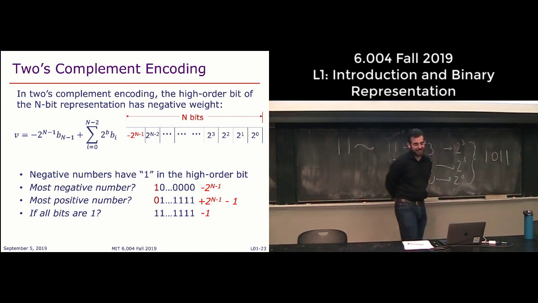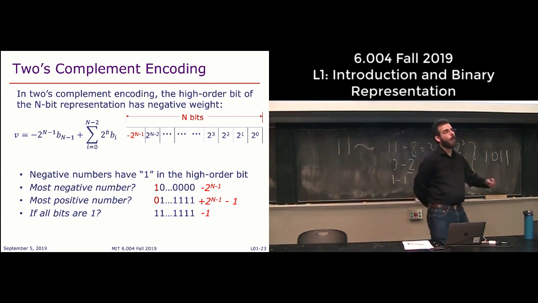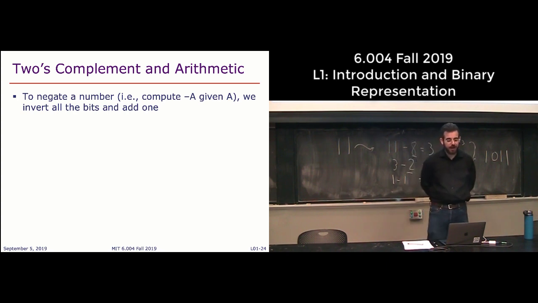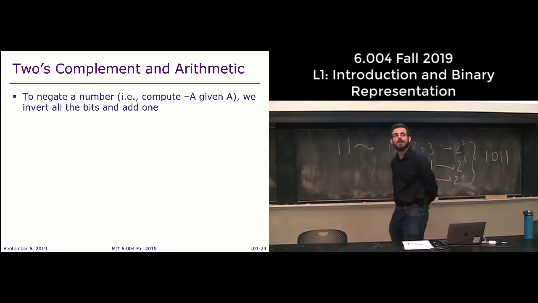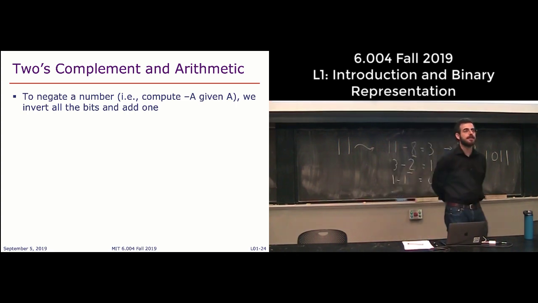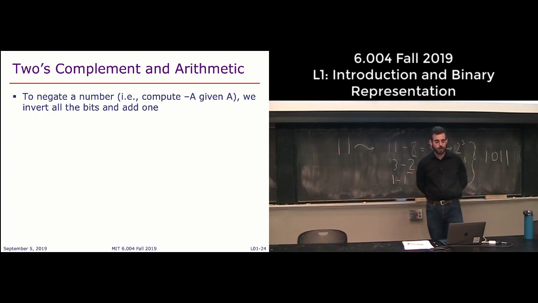Perfect. So you have the highest base and then all the others essentially counterbalancing it. So the nice thing about 2's complement representation is that it makes arithmetic just very, very easy. Especially it makes addition and subtraction super easy.